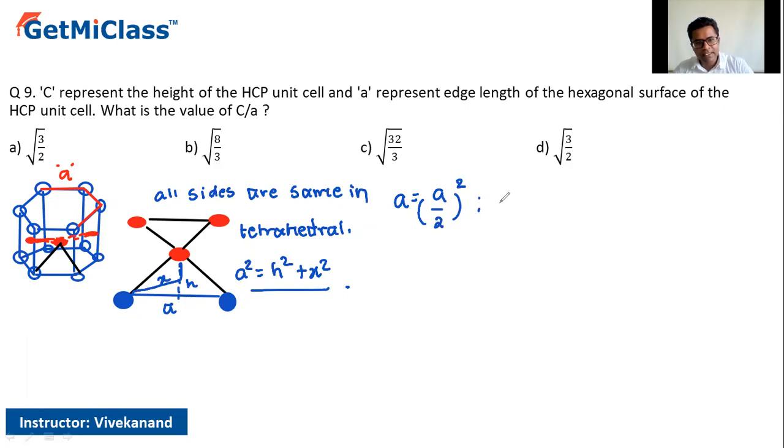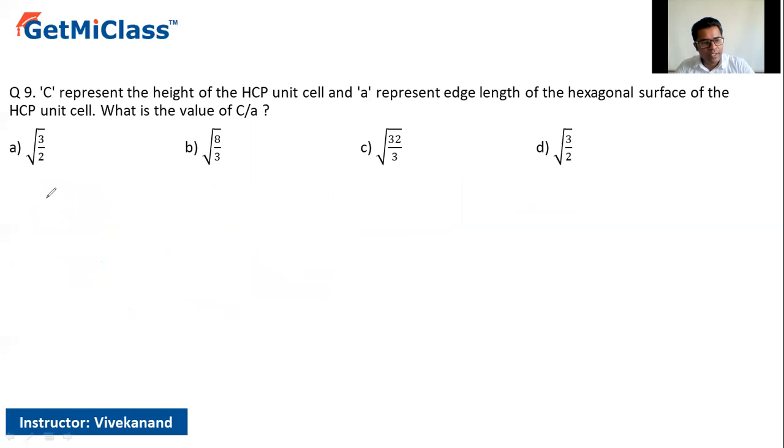Now, at the same time, if we observe this entire scenario, C is equal to 2 times H. So let's have this as: we have the A value as A by 2, the whole square, and the C value as 2 times H.